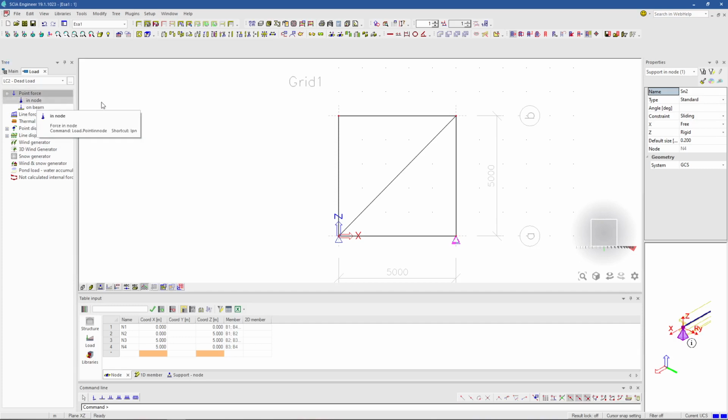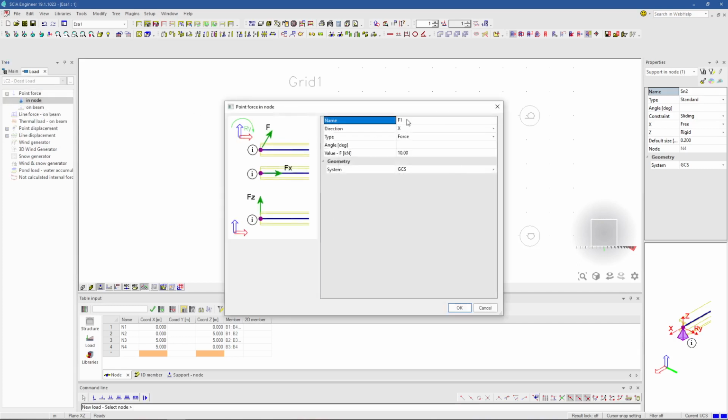We'll define a load of 10 kilonewton. This is arbitrary, so we'll still get the same answers but in different units. But let's assume it's 10 kilonewton, no need to go back to changing this.